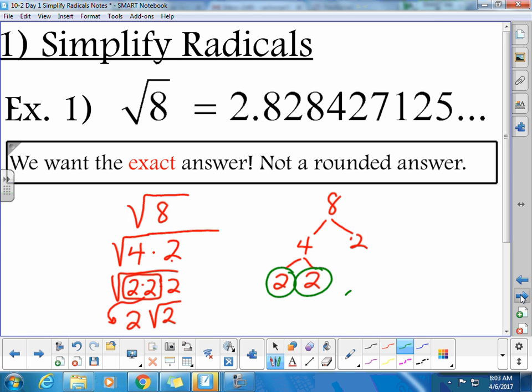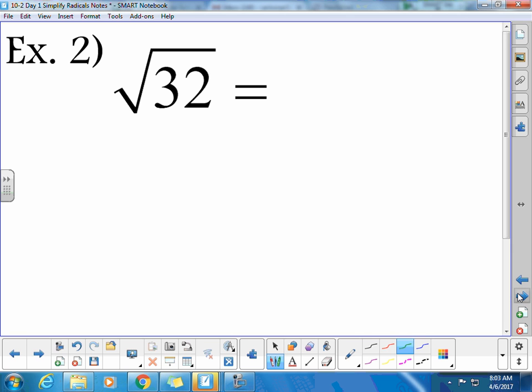So if I have 2 2's, I know 1 comes out of the radical, and then this 2 that's all by itself would be left in. So either way, you're going to get 2 square root 2. I personally don't like trees because I get lost, but if you can follow them and you can do a tree, that's fine.